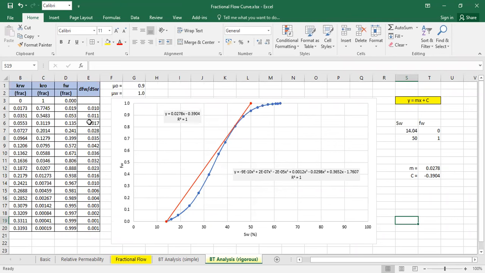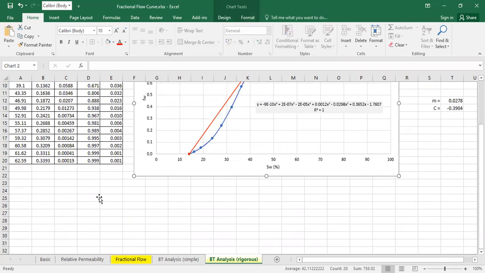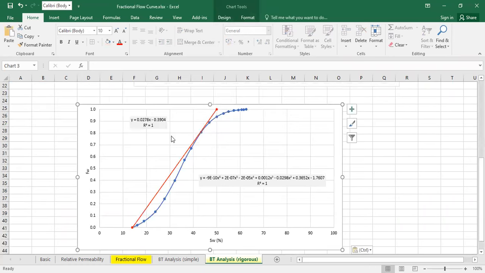Let's plot this against that. I will borrow that curve. I delete this one, delete this one.